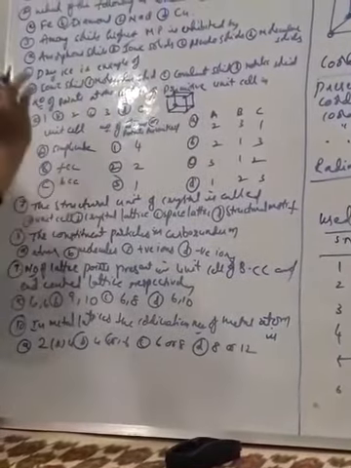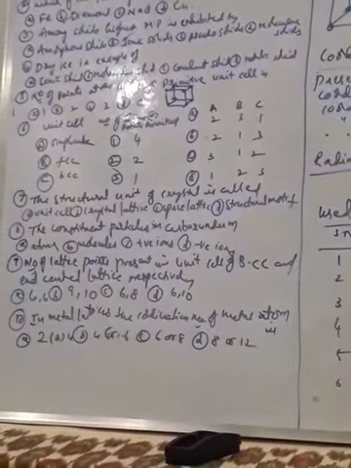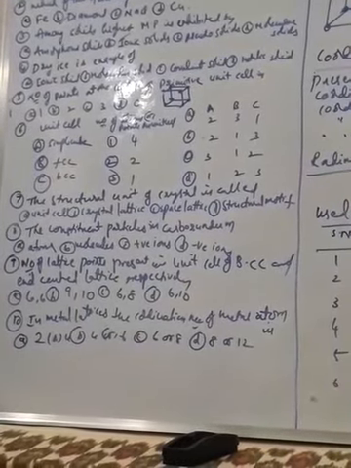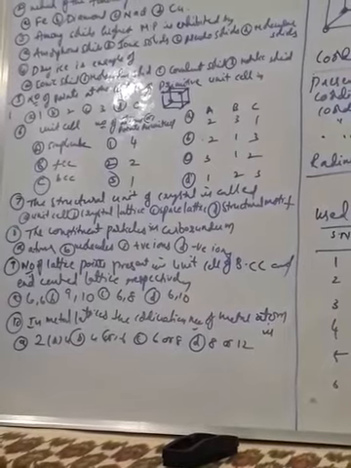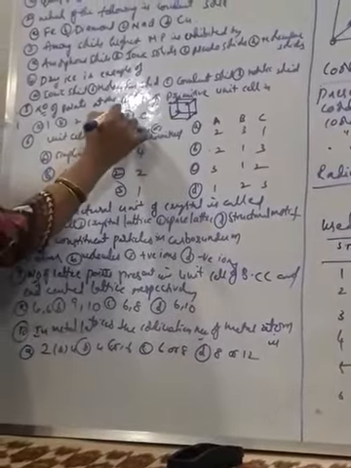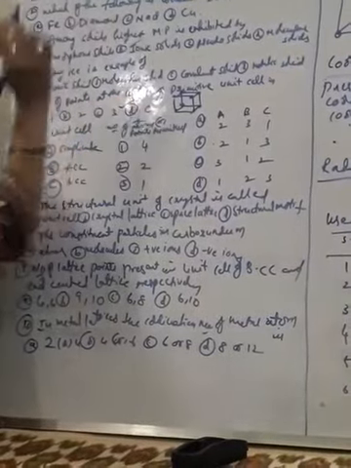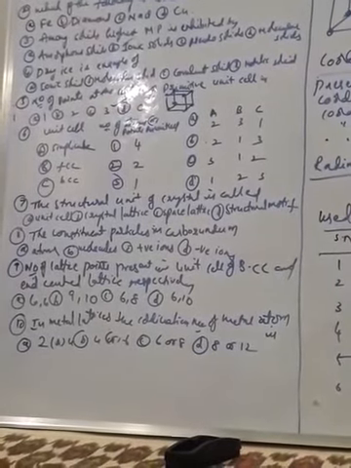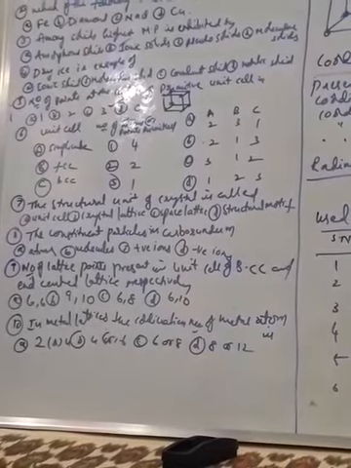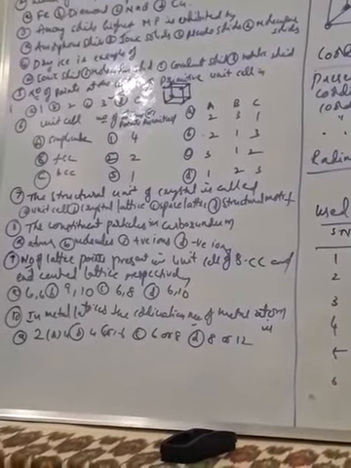No point is at the center of the unit cell. So the number of points at the center of the primitive unit cell is 0. Why? Because it contains only corner points.